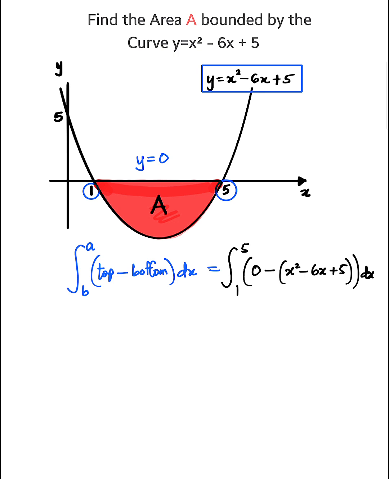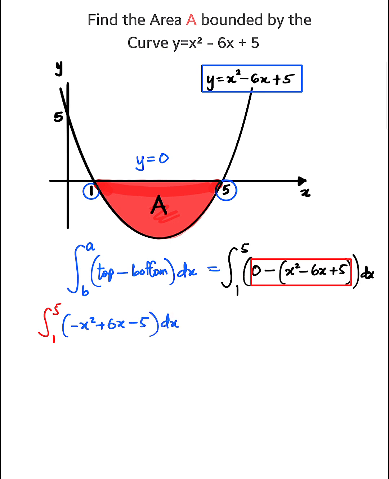Okay, the next thing we need to do is simplify this, or open the bracket. So here you have 5 1. Then if I open this bracket, this negative sign affects whatever you have in the bracket. So here you have negative x squared, then plus 6x, then minus 5 dx.